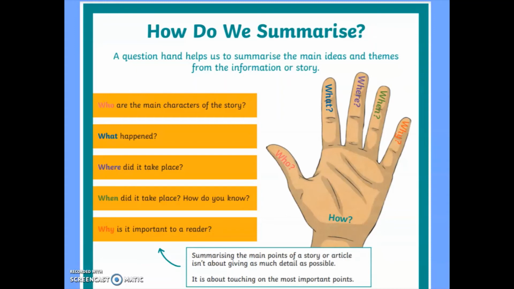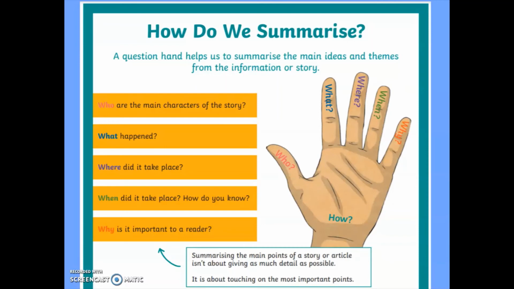Where and when? Where can you do these things? When can you do these things? We know from reading through the text that you can do 60 minutes of exercise every day. You could do this anywhere. You could do it going to the shops, going to school, in your garden. And finally, why is it important to the reader?